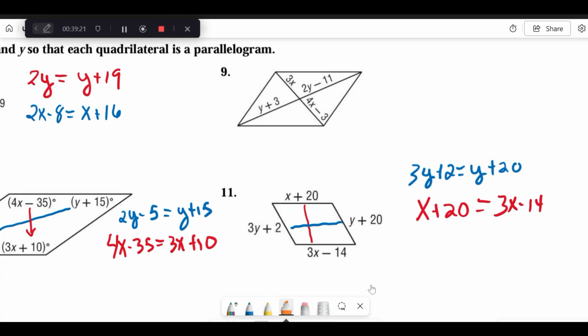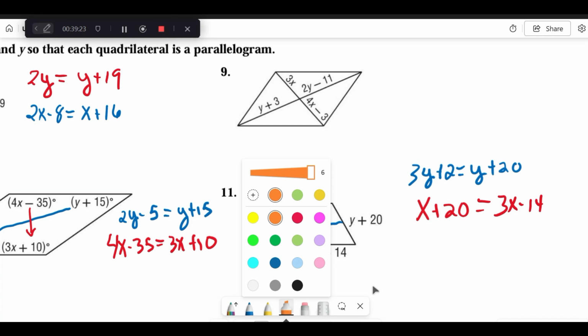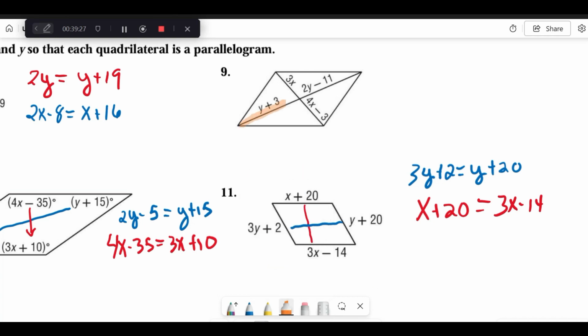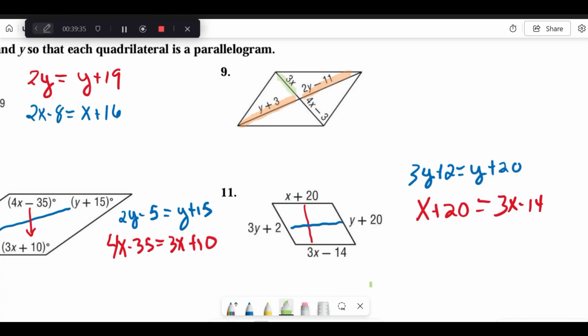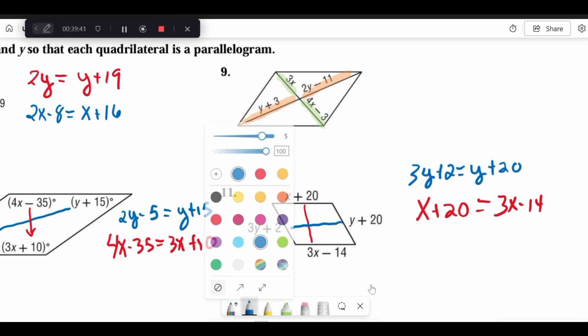And then finally, this side would have to be congruent to this side. And this side here would have to be congruent to this side because they're supposed to bisect each other.